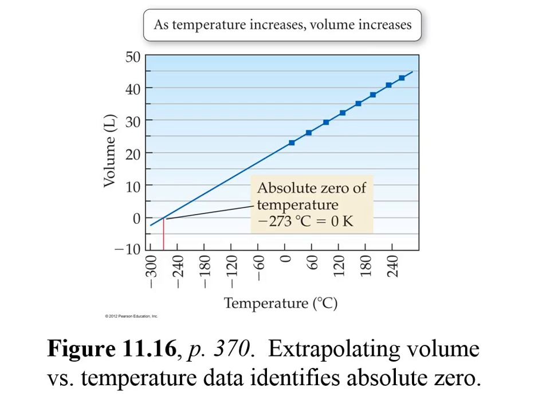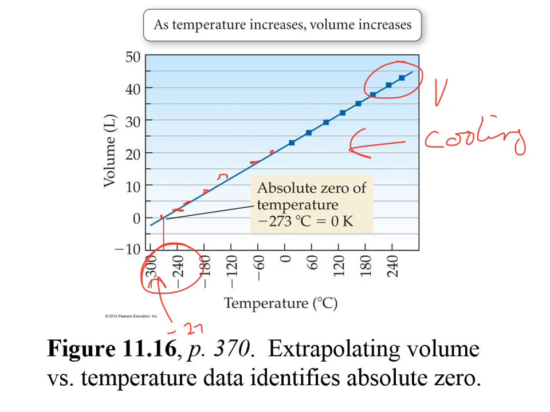I have another slide coming up to show you. Basically, think of it this way. This is taking a particular volume and cooling it down. As we cool it down, the volume gets less and less and less, until we get to that critical temperature of negative 273.15 degrees Celsius.